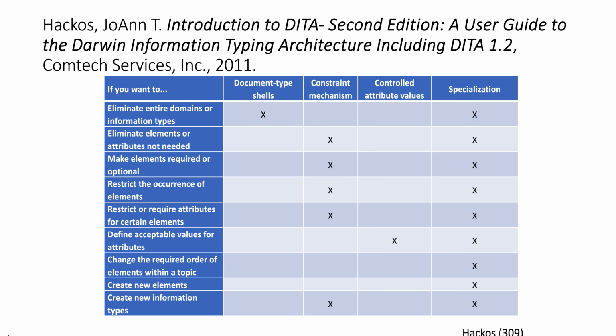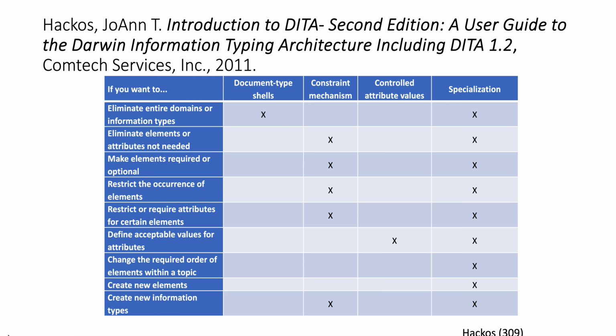Document type shells can do, as I said, the eliminating domains. Constraint mechanisms can eliminate elements or attributes not needed. As well, constraint mechanisms can make elements required or optional. That can come in handy if you're specializing, or if you have a use case that really requires that.